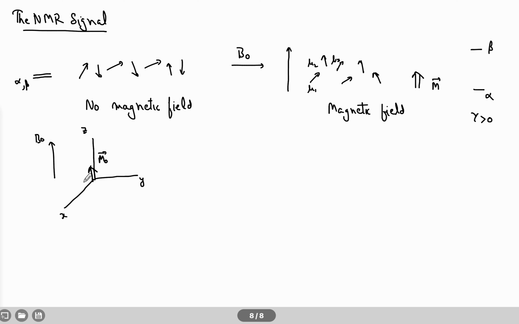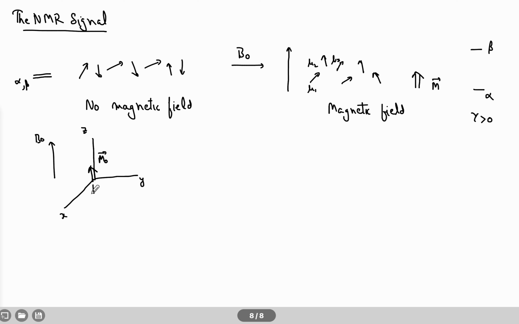And if you look at the XY sum of all these magnetic moments, because they are so huge in number and they are all randomly oriented, the magnetization in the transverse plane will turn out to be 0.